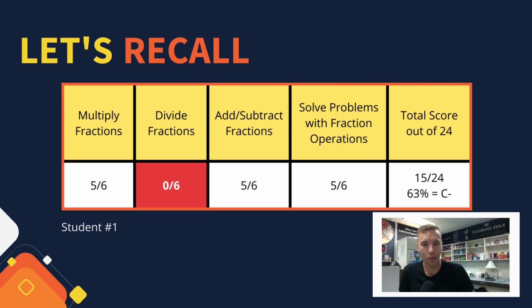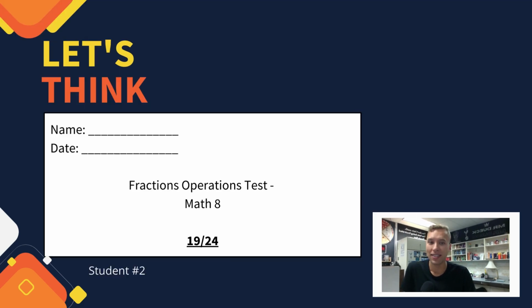Let's compare with, I'm just going to add to this vignette. This is now a second student. Let's take a look at a second student. 19 out of 24, which is a higher score on this test, 4 points more than the previous student, and a higher letter grade as well.